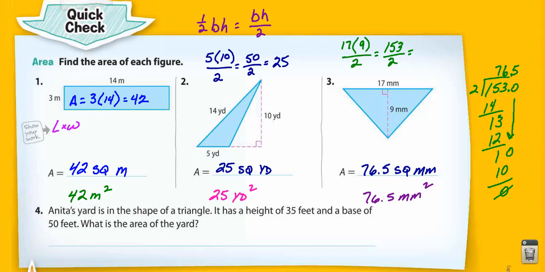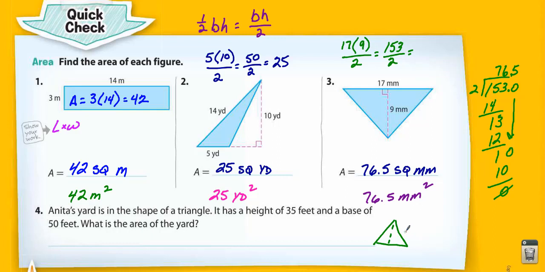All right, problem number 4. And let's pick green because it's a good color for a yard. Anita's yard is in the shape of a triangle. It has a height of 35 feet and a base of 50 feet. What's the area of the yard? So I always recommend that if there isn't a picture drawn, that students draw a picture.